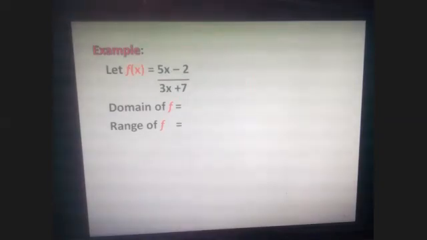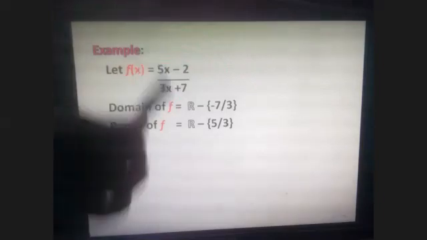Denominator 3x plus 7 should not be 0. x should not be minus 7 by 3. Are you not getting? Denominator should not be 0. 3x plus 7 should not be 0, or x cannot be equal to minus 7 by 3. And range is R minus {5 by 3}.